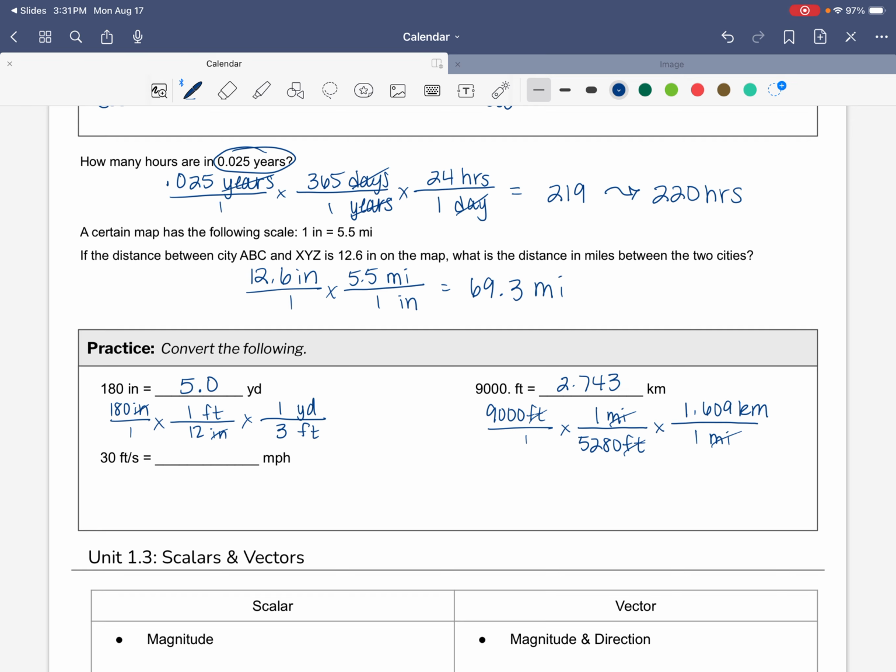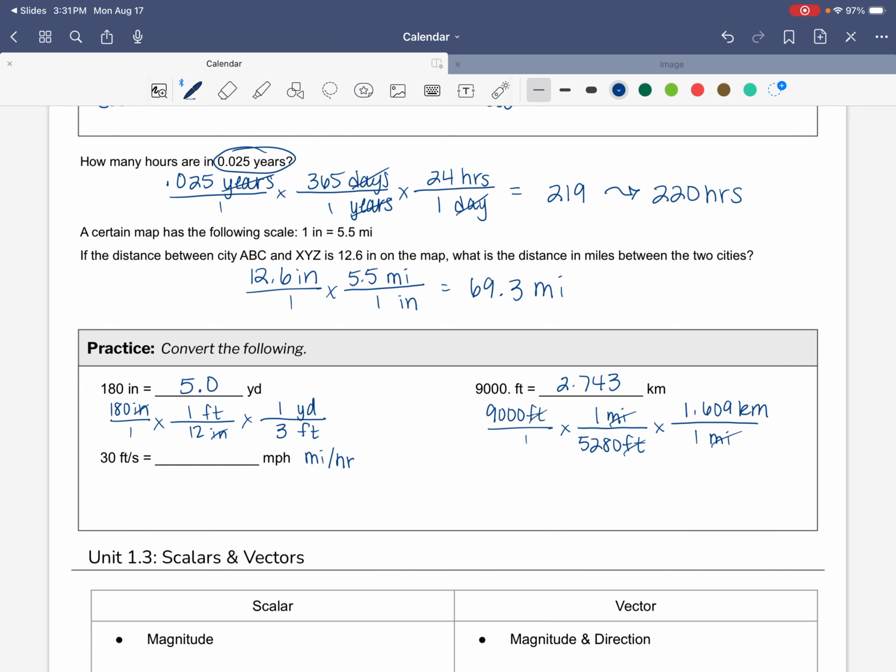Okay, this last one is a little bit trickier because we're actually going to be converting 2 things. We have 30 feet per second, and we're going to change it to miles per hour. One thing you need to understand is that miles per hour is just a distance unit divided by a time unit.